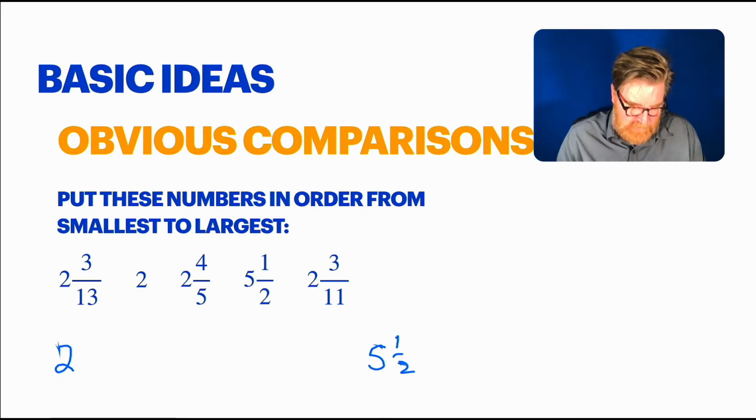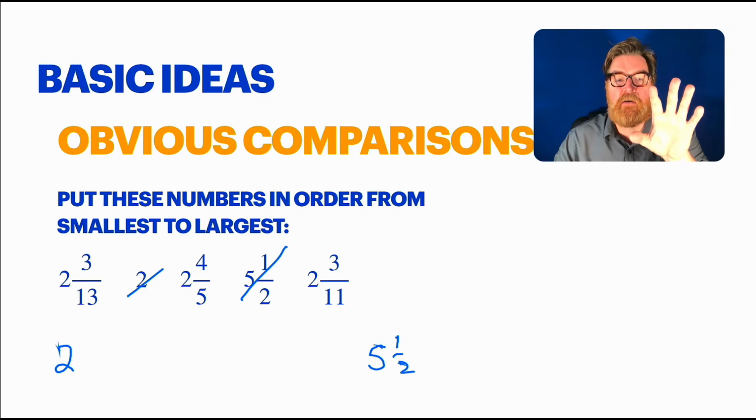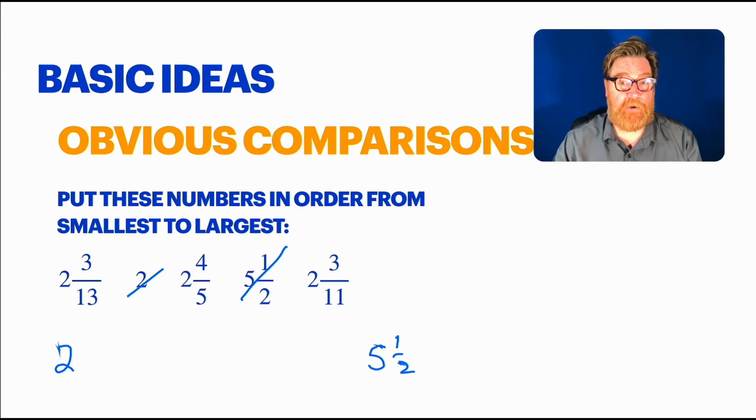far right end. Now, it just becomes an issue of looking at those 3 mixed numbers that have 2 and a fraction part. But look, we can ignore the 2 because they all have it. Let's concentrate on the fractions, and it just becomes a question of, are there obvious comparisons that we can make here?